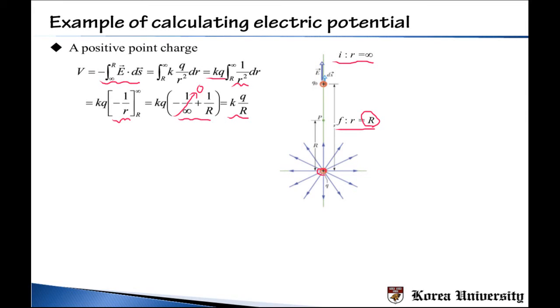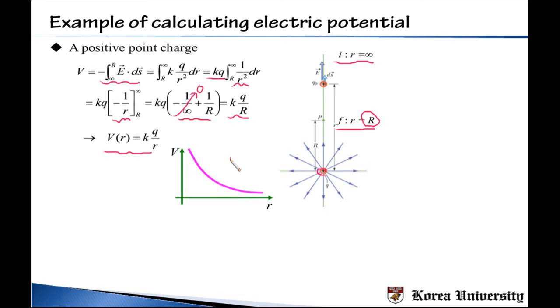Here we don't really need to use the large R, but instead we will use small r, which is the most common symbol for the distance from the point charge. So finally the V, which is electric potential, becomes KQ divided by r. And you can also use a graph to visualize it.